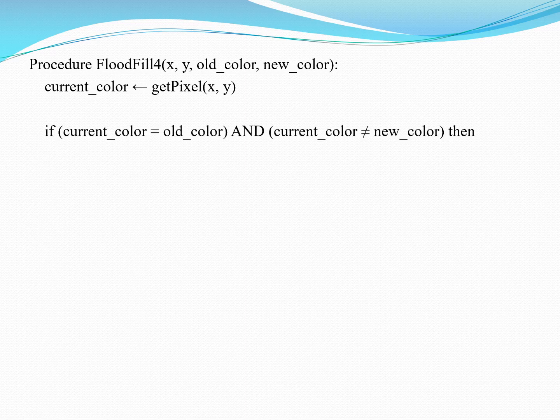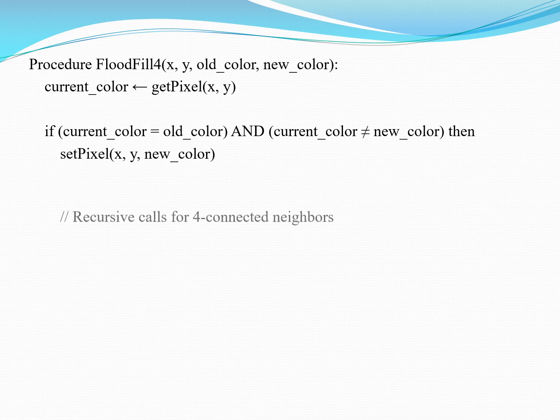We have to check whether the current color is equal to the old color, and there are two conditions here. If the current color is equal to the old color, and the current color is not equal to the new color, then we set that pixel to the new color, meaning filling with the new color. If the current color is not the targeted color, then it will not fill it.